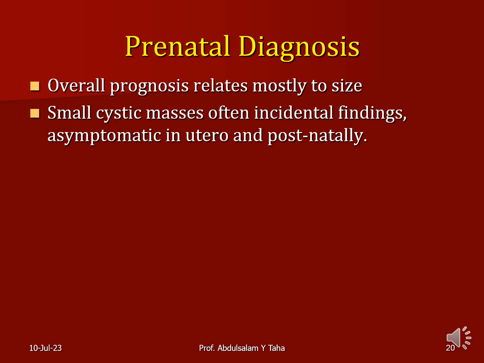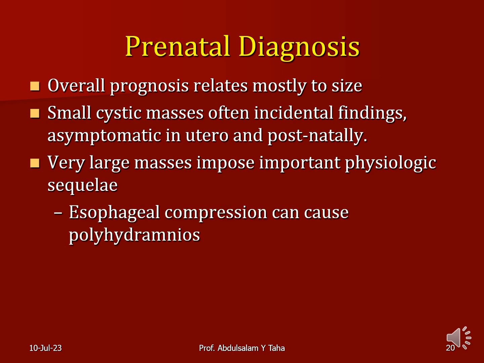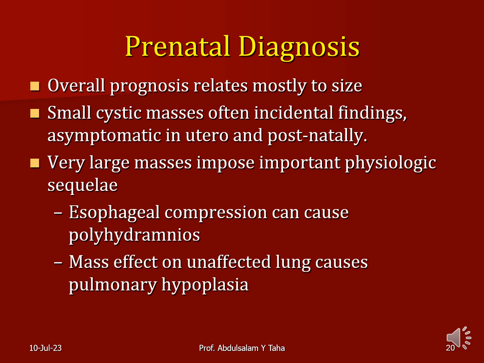Small cystic masses are often incidental findings, asymptomatic in utero and postnatally, while very large masses impose important physiological sequelae. Esophageal compression from these very large masses can cause polyhydramnios.